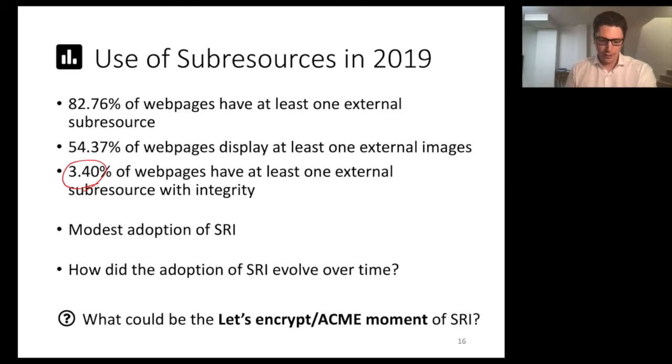So this is a modest adoption. But how has this adoption evolved over time? Another question is, did we already observe what we may call a Let's Encrypt ACME moment for SRI? If not, what could be done to actually achieve it?